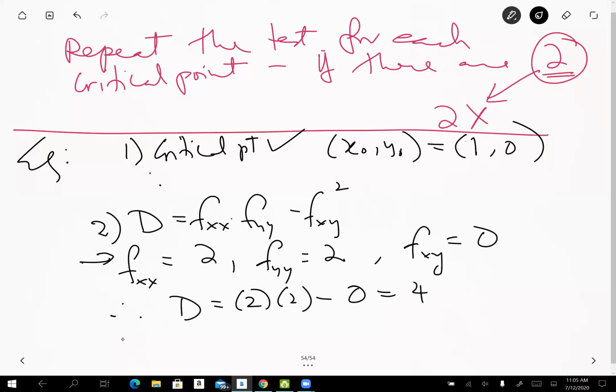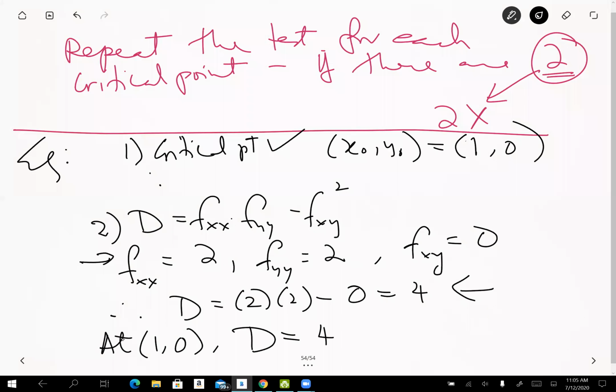Okay, so now what you do, even though it's a constant, we go through the steps. Our method says you want to find the value of D at the critical point. So at 1, 0, what is D? D is still a constant, so everything is the same.